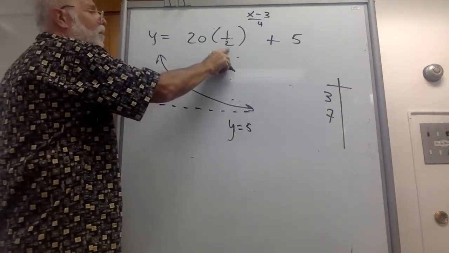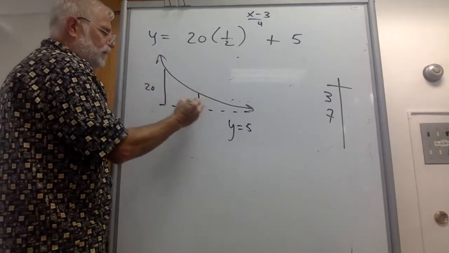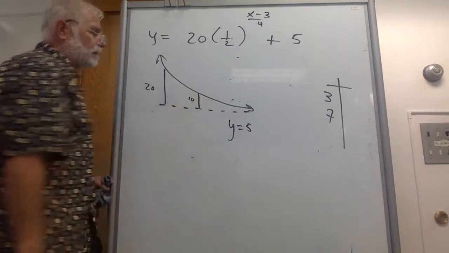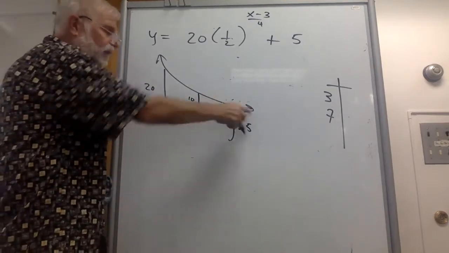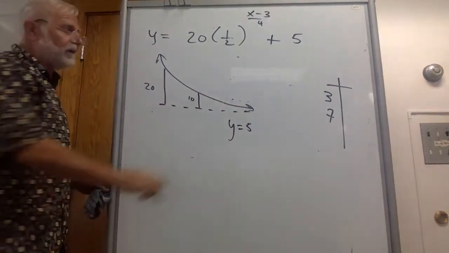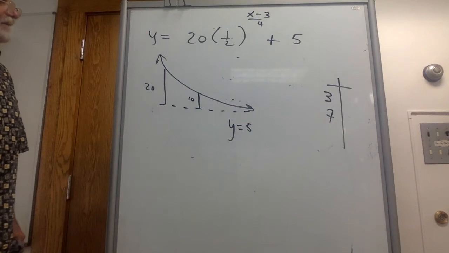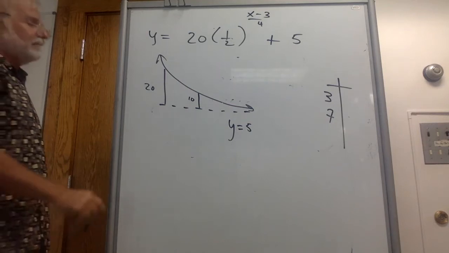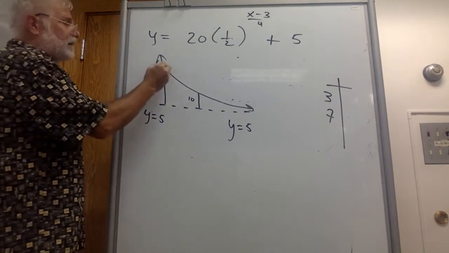Since I'm cutting 20 in half, then cutting 10 in half, cutting 5 in half, eventually I'm heading to y equals 5. So if I've got y equals 5 underneath 20, then that's got to be 25.